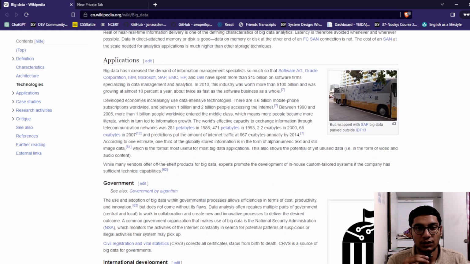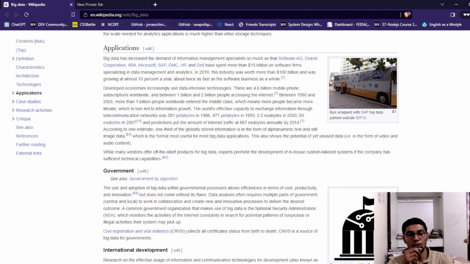Many applications have been created in demand of information management, so that software AG, Oracle Corporation, IBM, Microsoft, SAP, EMC, HP, and Dell have spent more than 15 billion on software firms specializing in data management and analytics. In 2010, the industry was worth more than 100 billion and was growing at 10% a year, about twice as fast as the software business as a whole.